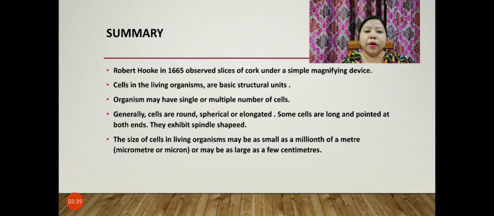Generally, cells are round, spherical or elongated. Some cells are long and pointed at both the ends. They exhibit spindle shape. The size of cells in living organisms may be as small as a millionth of a meter, micrometer or micron, or may be as large as a few centimeters.